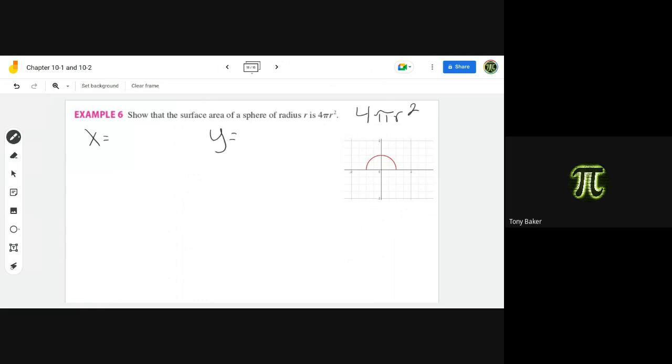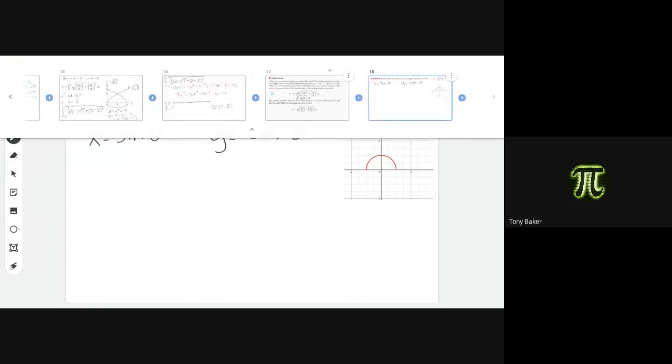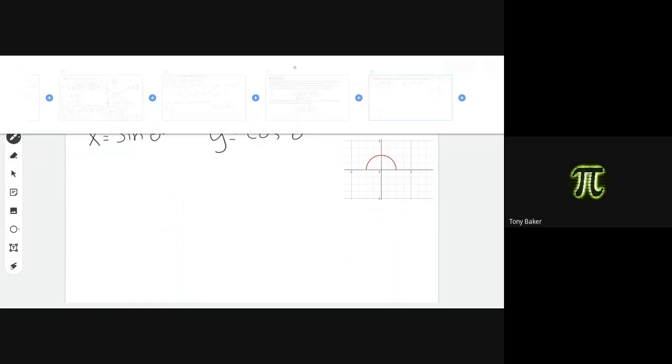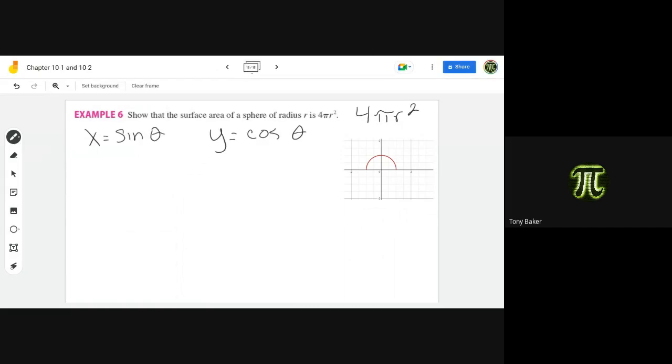Yes, but which one was which? I'm almost sure I put the x was sine. Yeah, the x was sine. The x was always cosine. Yeah, I was just saying it's based on what I did.